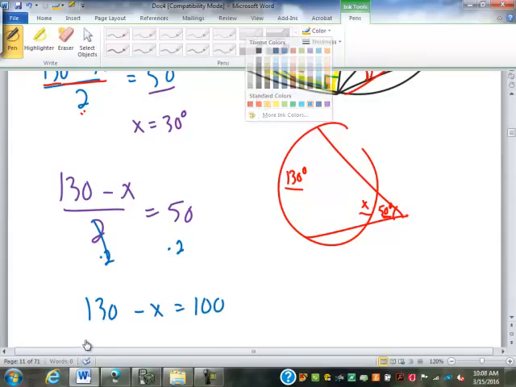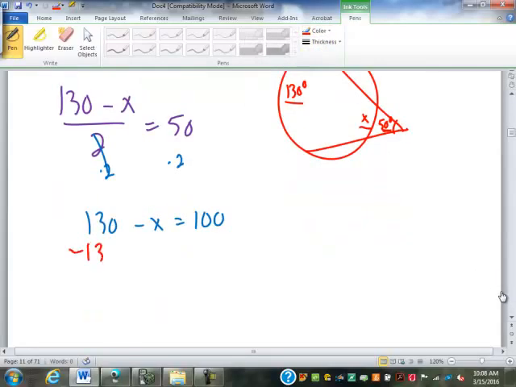And then I would subtract 130. So negative x equals negative 30. Then divide by the negative 1. x equals 30. So x has to be 30 degrees.